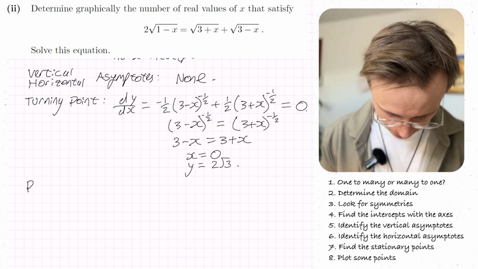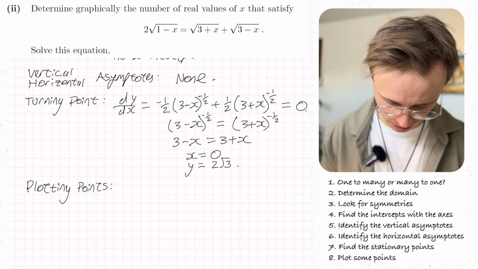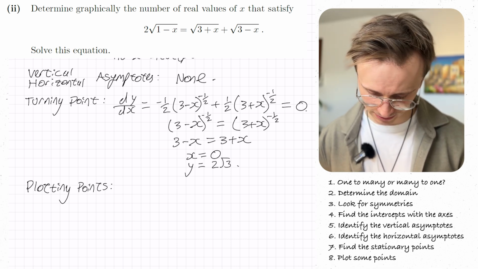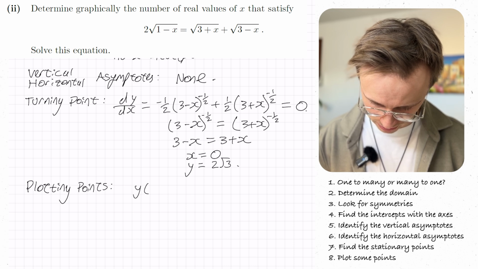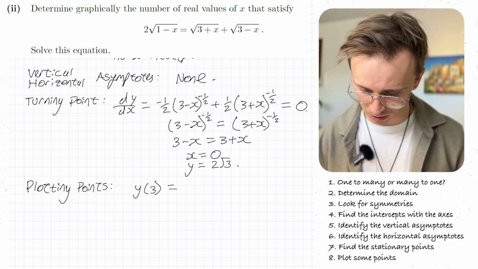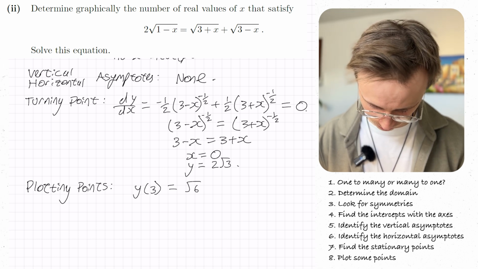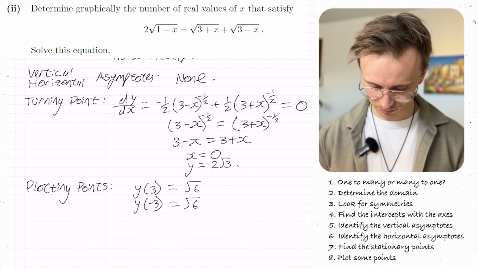Okay, and looking at plotting some points, namely the end points, we get that y of 3 is equal to the square root of 6, and y of -3 is also equal to the square root of 6.